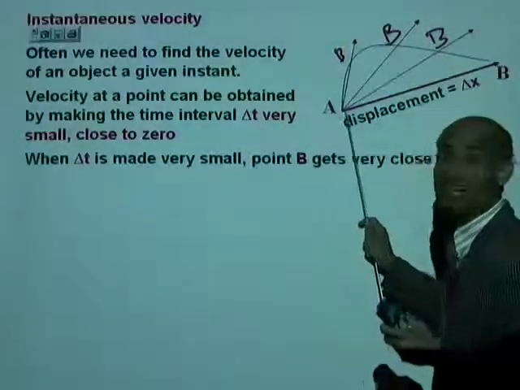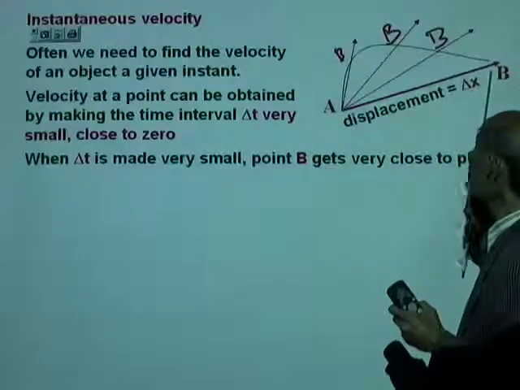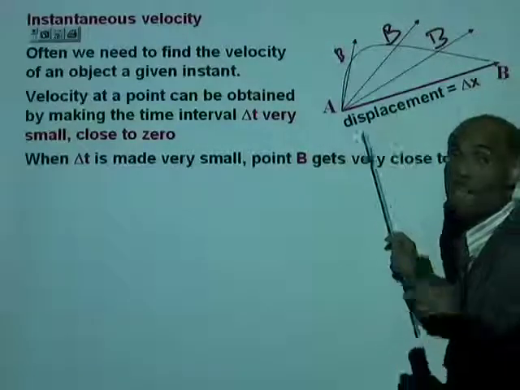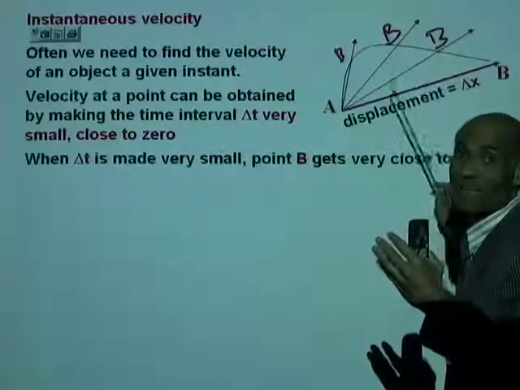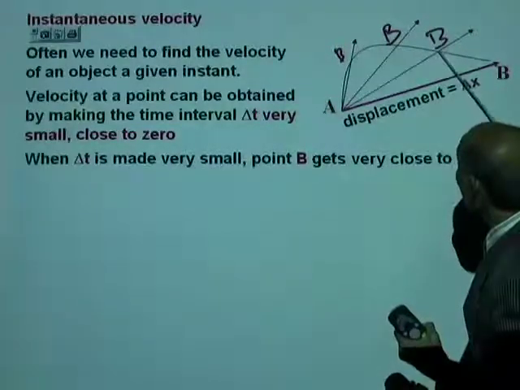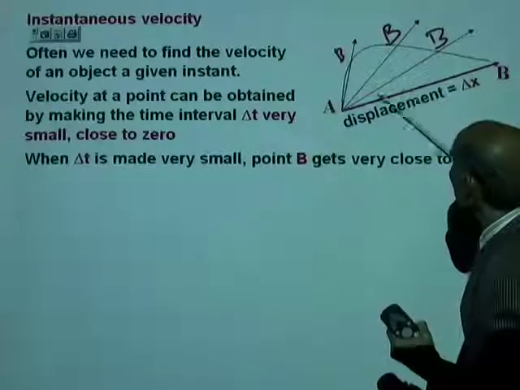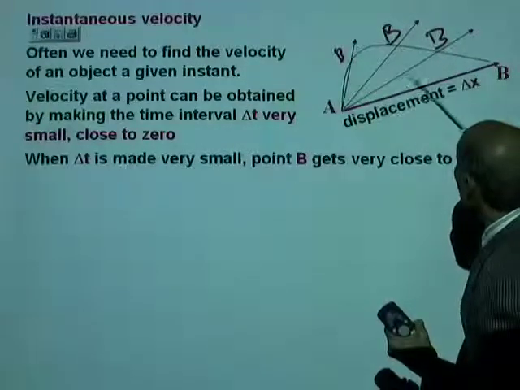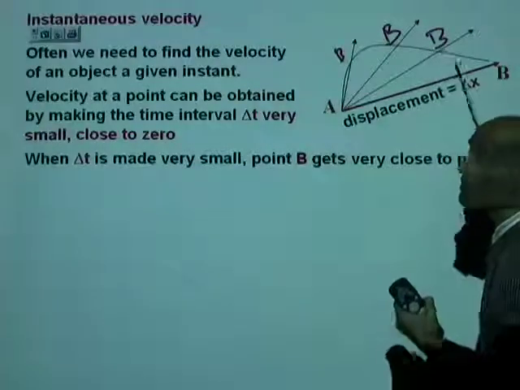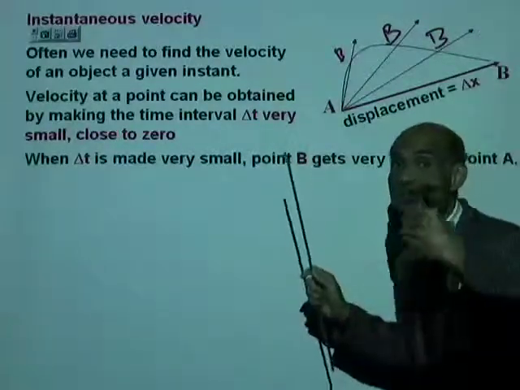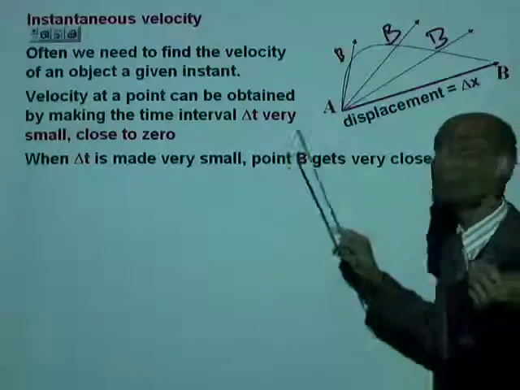If this is the initial position and this is the final position, then the average velocity is delta x divided by delta t. On the other hand, if this is the final position, the average velocity for that interval will be, this is my delta x, and delta t is now shorter than before.